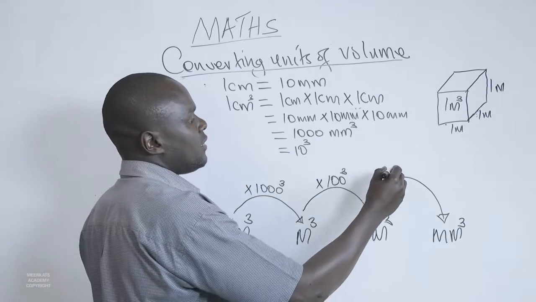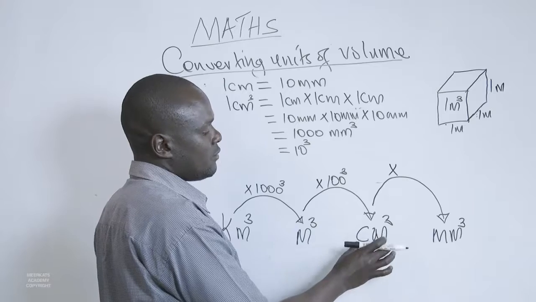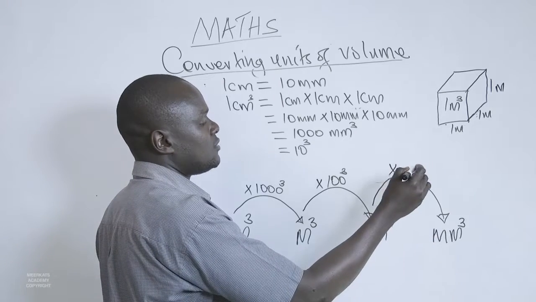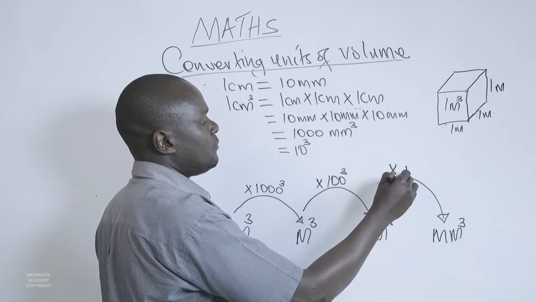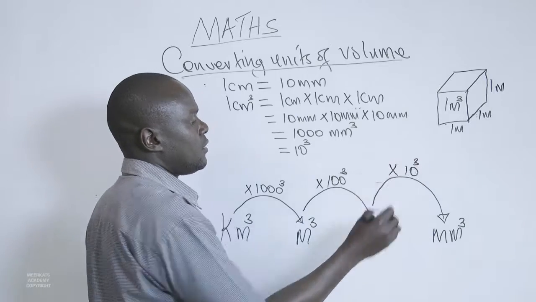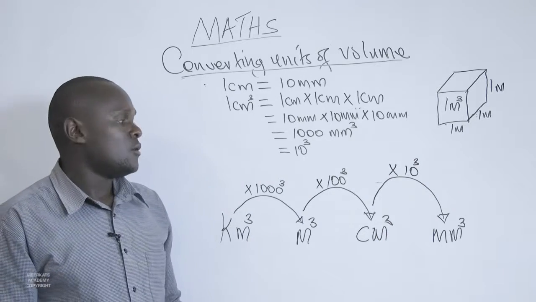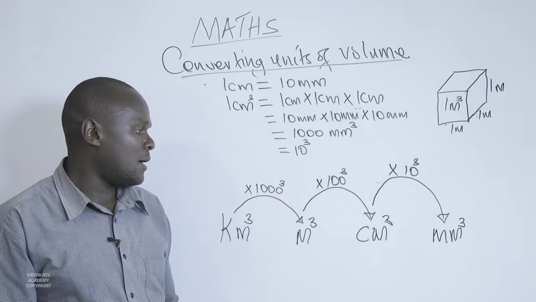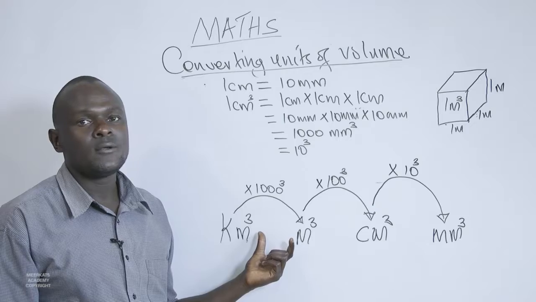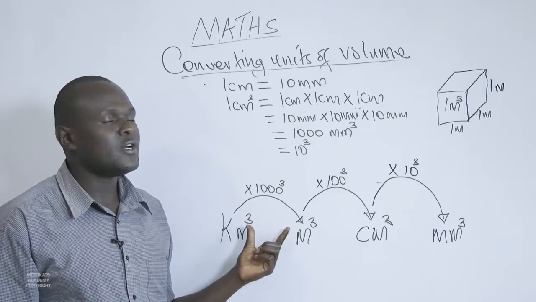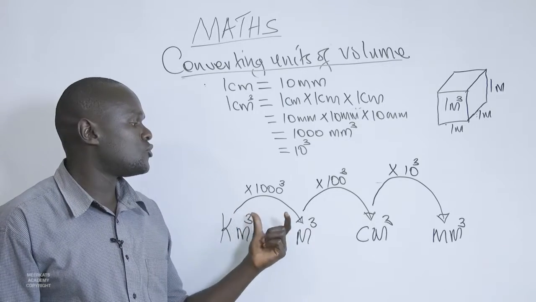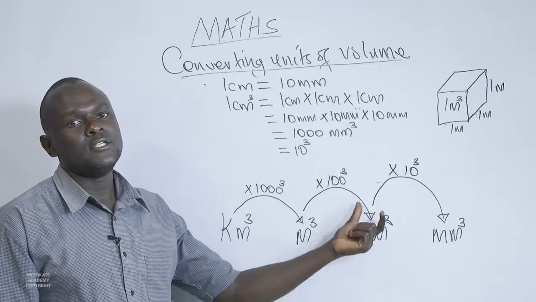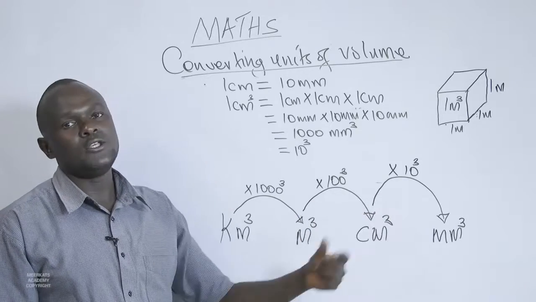So our multiplying factor, when we are converting from cubic centimeters to cubic millimeters, is to multiply by 10 raised to power 3. These upper arrows show us what happens when you are converting from a larger unit to smaller units.